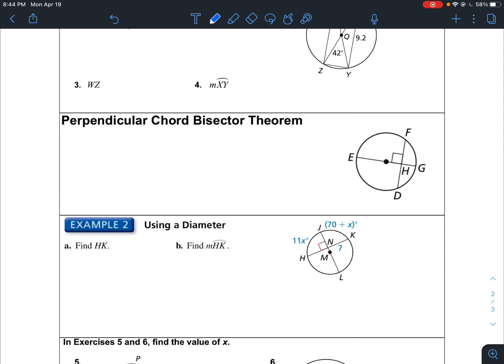Okay, now the perpendicular chord bisector theorem.